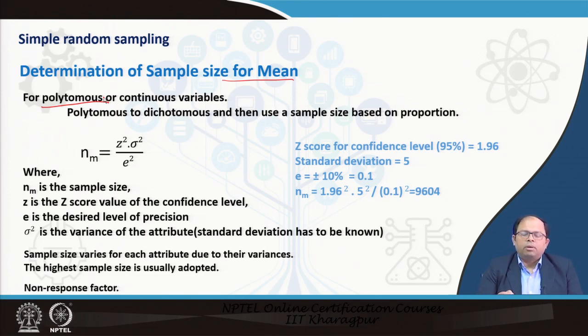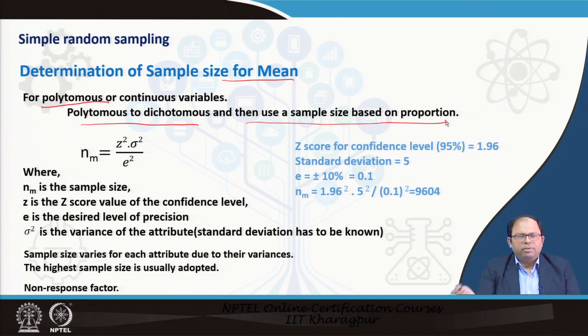A polytomous variable can also be converted to dichotomous by adding up those different categories into broader categories. And if it is dichotomous, then we can use a sample size based on proportion. So this one is sample size based on mean, and we can determine sample size based on proportion. As I told you, it is a more robust method and will be explained in the next slide.